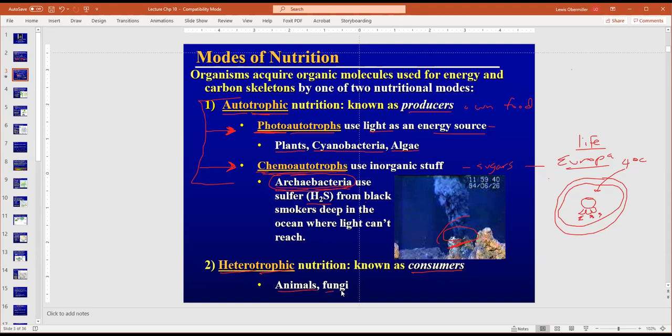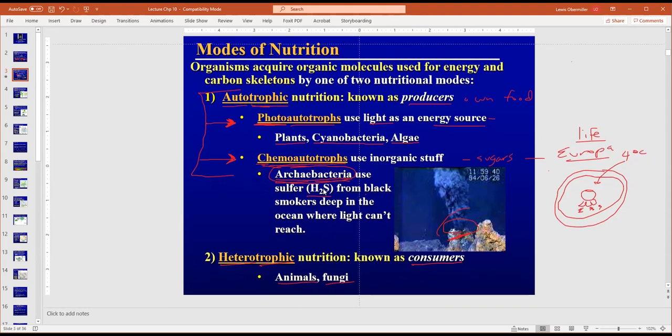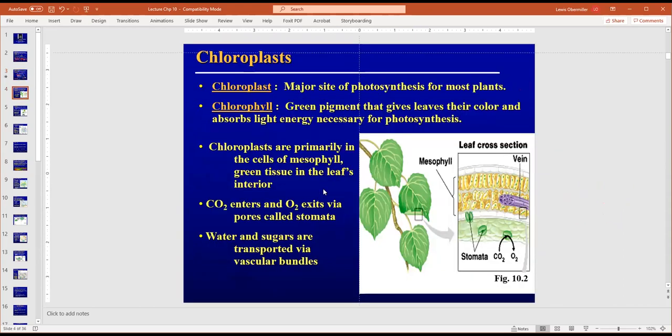So animals, fungi, things like that. And we learned about these kingdoms in chapter 1. Those are heterotrophs. And so we have auto or heterotroph, and then within auto we have photo or chemi autotrophs. All right. Any questions so far?